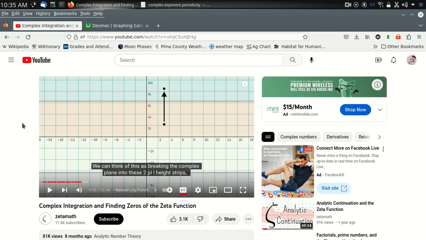But here he says that periodicity of 2 pi, or 2 pi i, however you want to think of it, it's not actually 2 pi i. Huh, that's actually wrong too. It's just 2 pi, the periodicity is 2 pi.